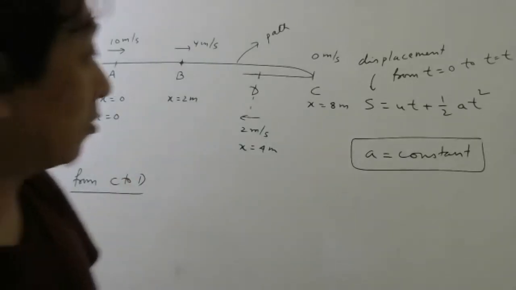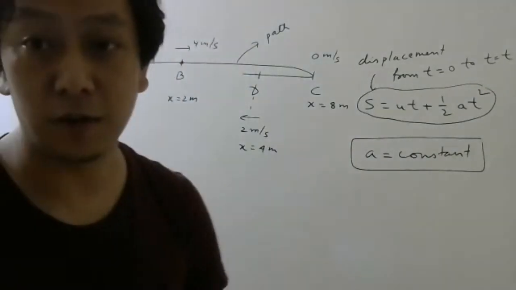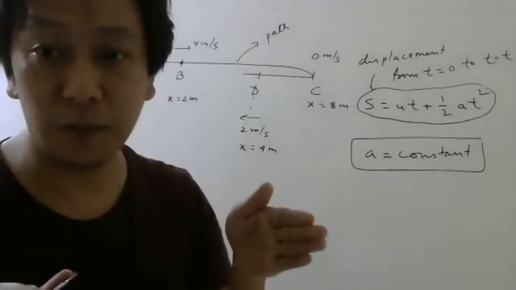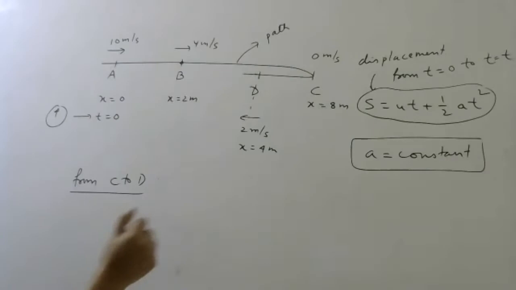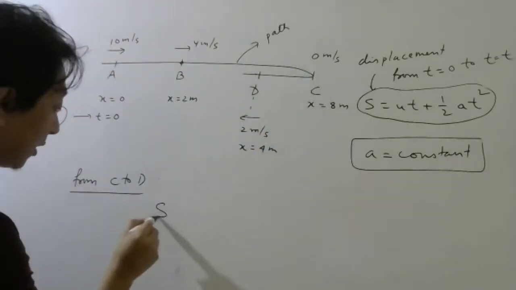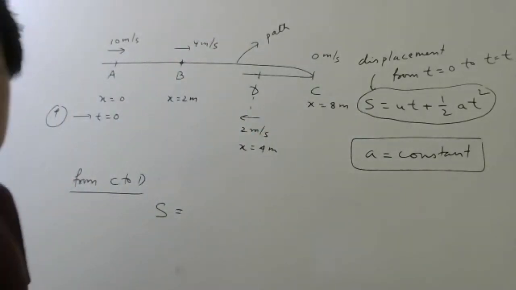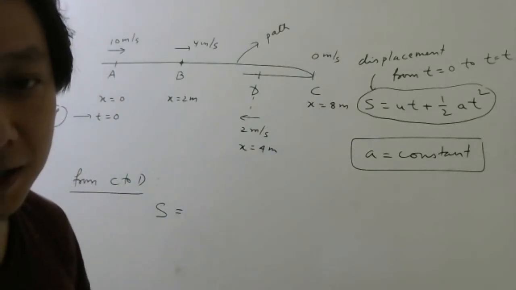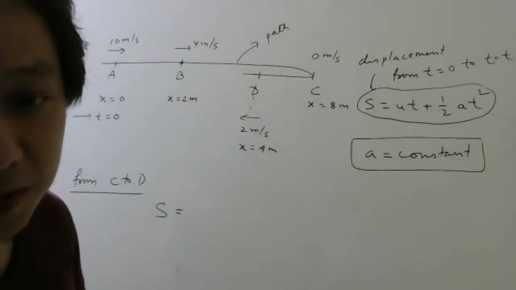Again, I will remind you, whenever you use this equation or any other two equation, you need to have 2 points in your mind. Initial point and final point that you have to choose in the path. So suppose I want to study the motion from C to D. What should be displacement? What number I should put here? The one whom I have already told, you don't answer. Let others answer. From here to here, what would be displacement?